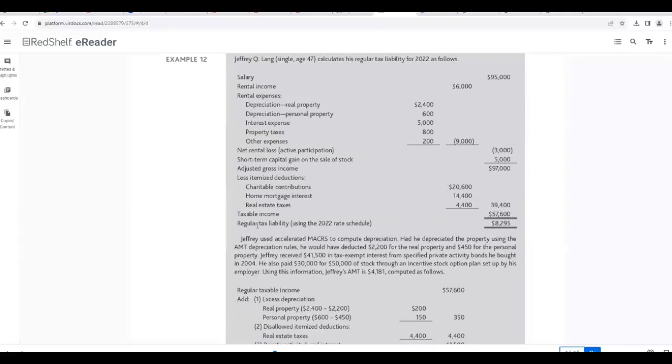And if you use the table for tax calculation, you can end up by having something like $8,295 regular income tax. So far, so good, everyone, right?